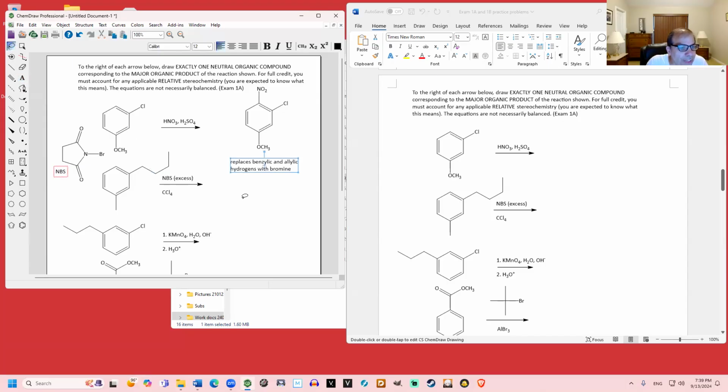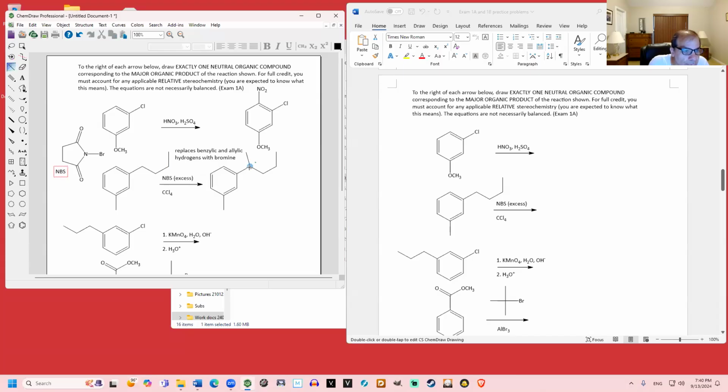If you treated this compound with only one equivalent of NBS, I think you'd get a mixture, because there's 2 locations where we have benzylic hydrogens. One is this CH2, those hydrogens are benzylic, and the other is the CH3, those hydrogens are also benzylic. But with an excess, it's clear. We just replace all benzylic and allylic hydrogens with bromine.